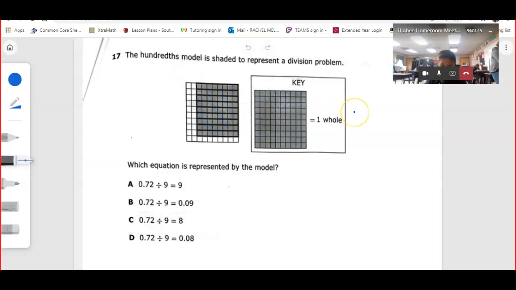Okay, so looking at this picture, how many squares are colored? Anthony, how many squares are colored?